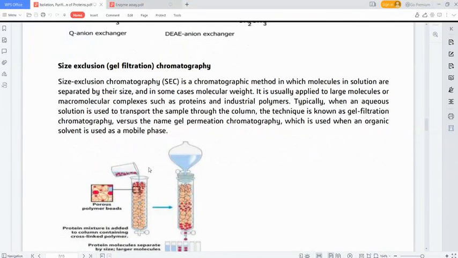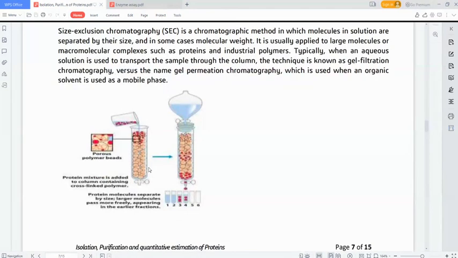Size exclusion, I have been mentioning it over and over again. You pour your protein into the column. The column is made up of maybe Sephadex with different sizes. The Sephadex contains beads, and these beads have a kind of holes in them.